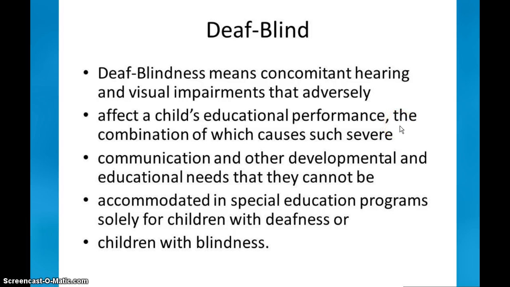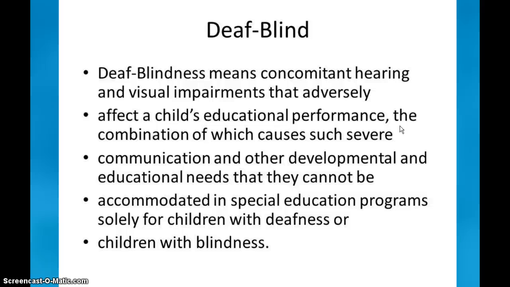The next one is deaf blindness. Deaf blindness was not in that multiple disabilities definition. Deaf blindness means hearing and vision impairments together that affect the child's performance to the point where there's such severe communication and other developmental problems that they can't be accommodated in a program just for deaf children or just for blind children.